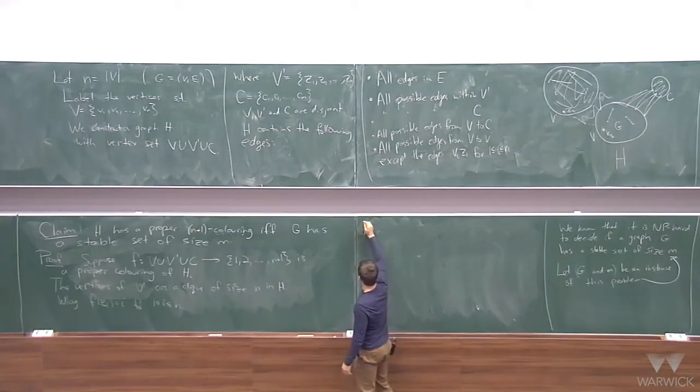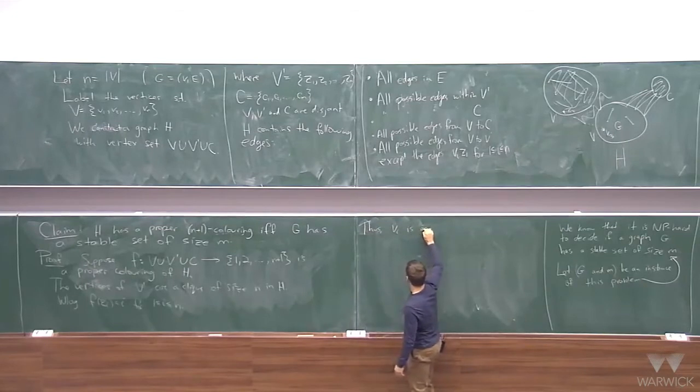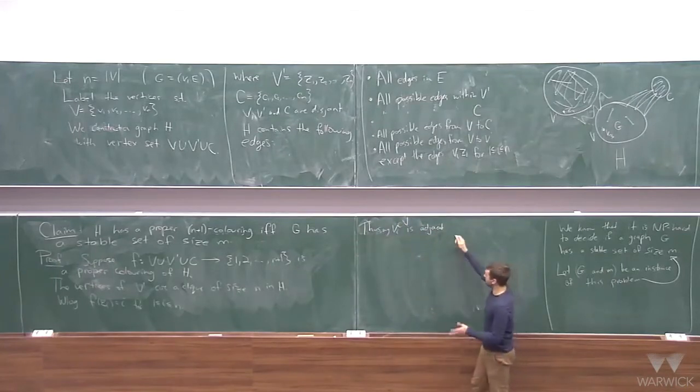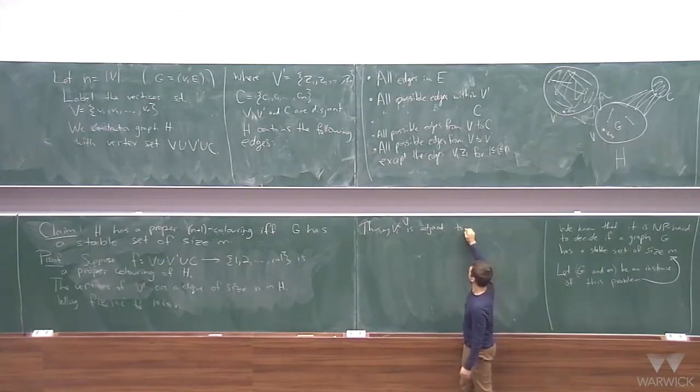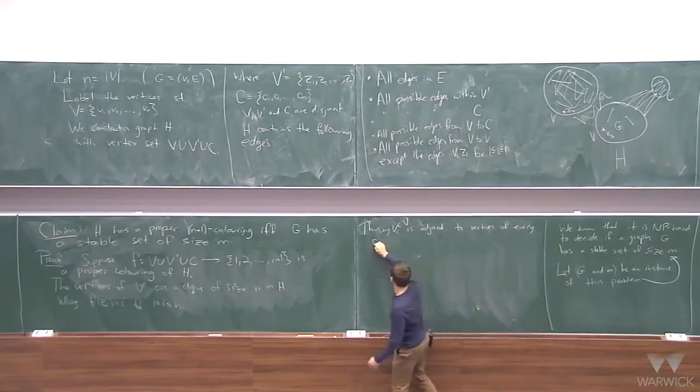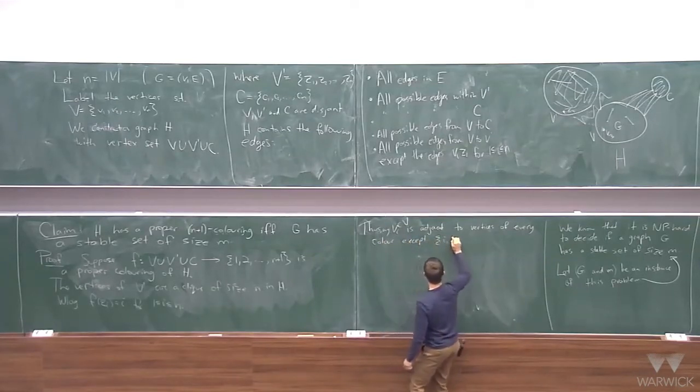So therefore, v_i, any v_i in V, is adjacent, meaning joined with an edge, to vertices of every single color except i and n plus 1.